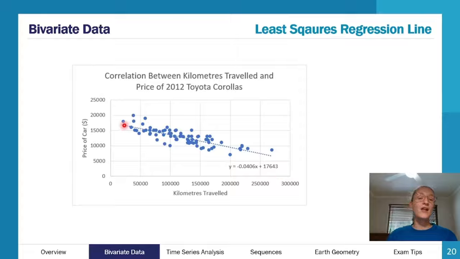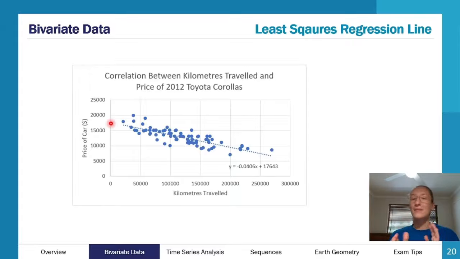If my line was to continue up and intercept the y-axis, where x is equal to 0, the value that's going to be there is about 17,643. So that's using my line to predict what the price of a car is when x is equal to 0. When it's traveled 0 kilometers, this line's predicting the price of a new car.